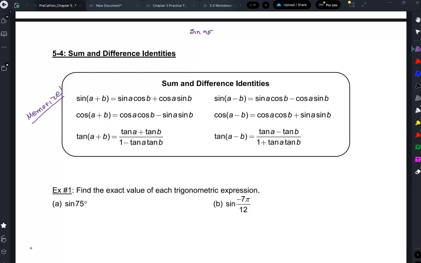I know what to do with sine of 45, and I know what to do with sine of 30. If I have sine of 45 plus 30 together, that's sine of 75. I don't know what to do with sine of 75 if it's written as 75. However, broken down into the sum of two angles that I know how to deal with, I can deal with it using these sum and difference identities.